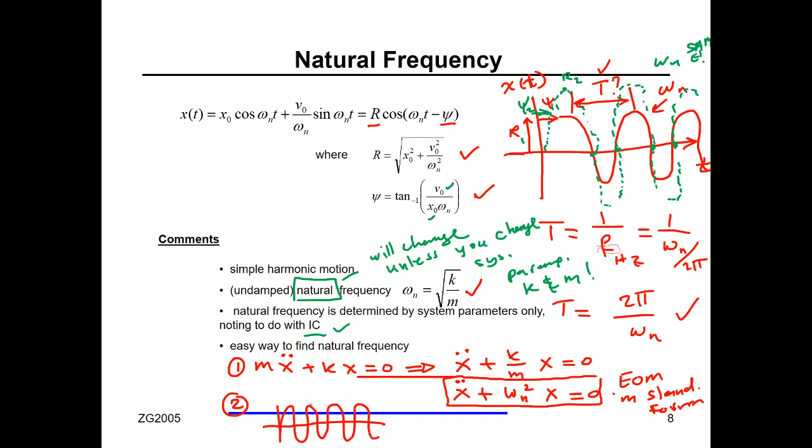This is the time, this is x of t. We call this the time response. Measure the period T, and from T you will get the natural frequency, 2 pi over T.